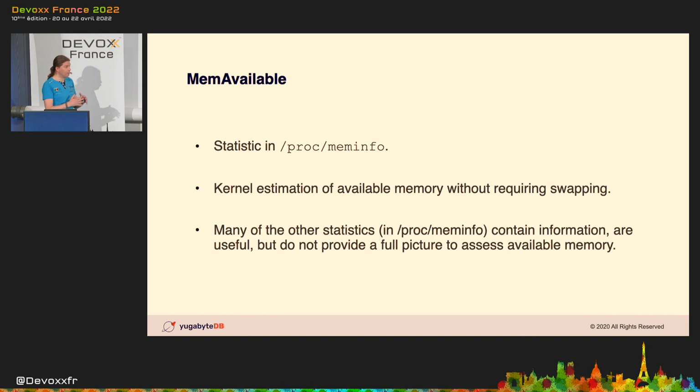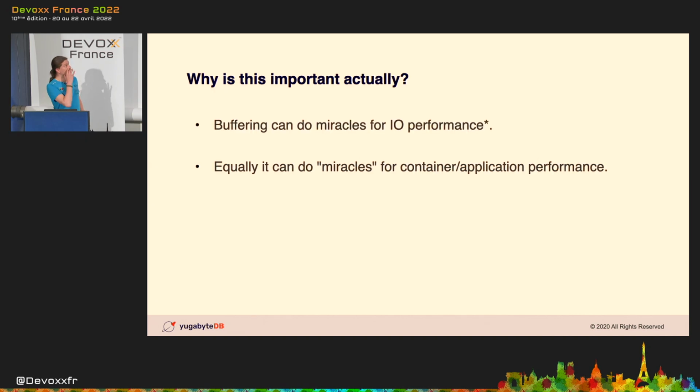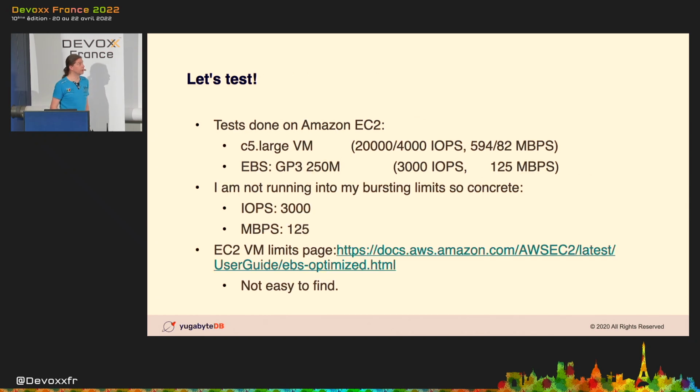And many of the other topics in meminfo are useful, but for the sake of understanding how much memory you can use and is usable, look at mem-available. And this is important because the buffering can do miracles for you. And hopefully I'll be able to show you that by doing testing.